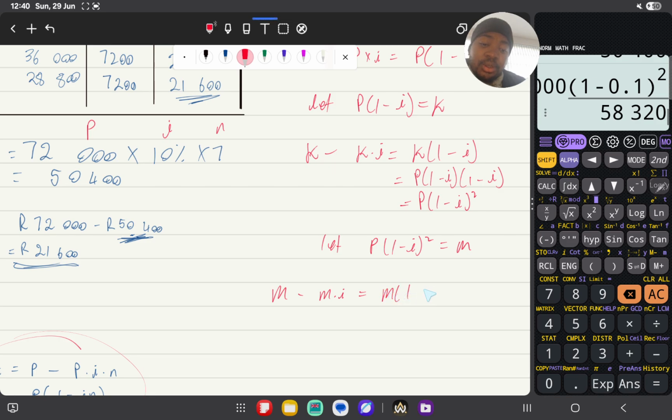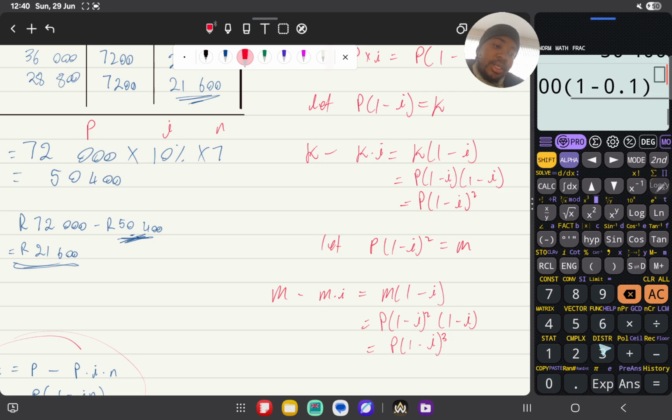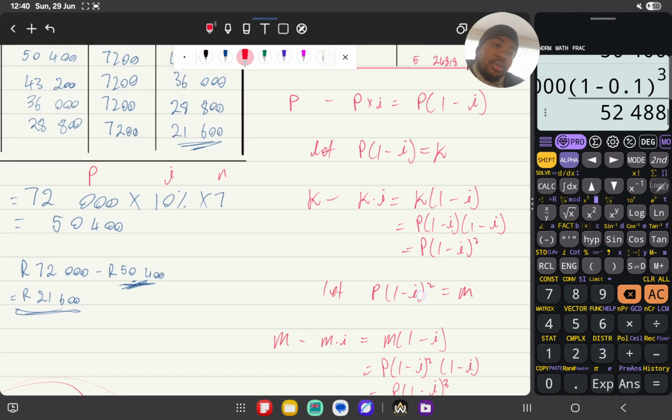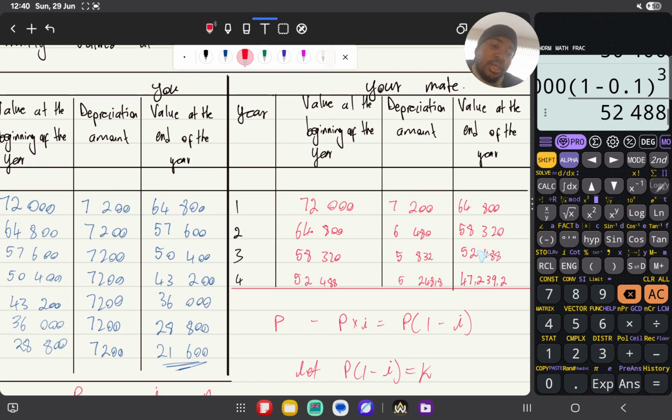That's M into 1 minus I. So I resubstitute what M is. M is P into 1 minus I squared. Then I have 1 minus I. So it's P into 1 minus I to the power of 3, and if I put in 3, I get 52,488 then, right? And do you guys see it?